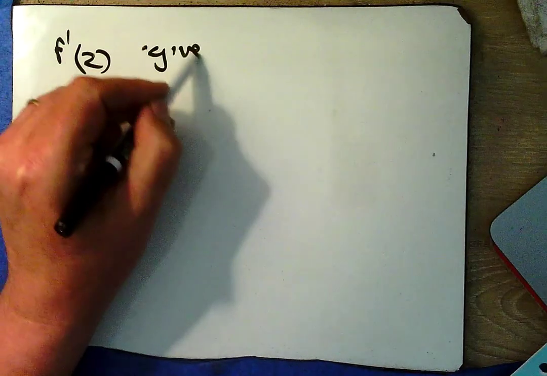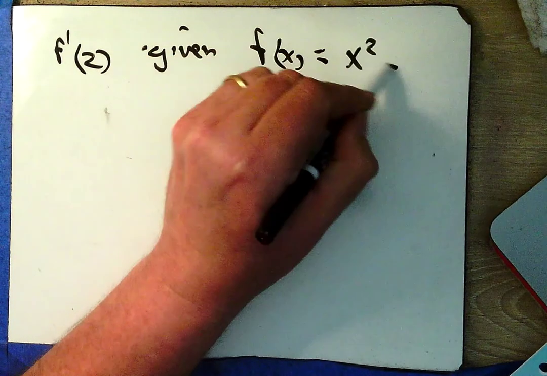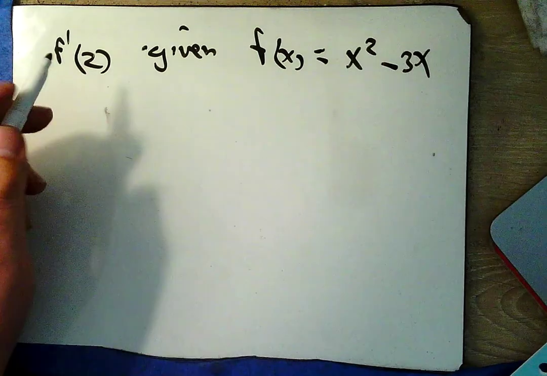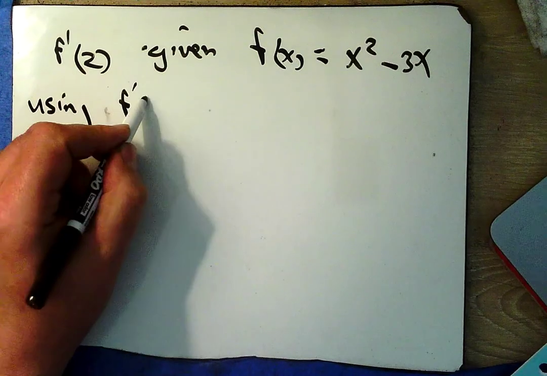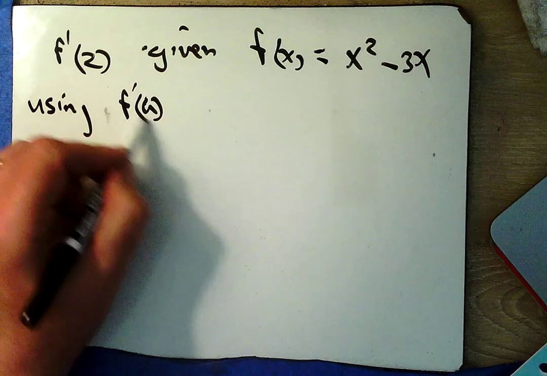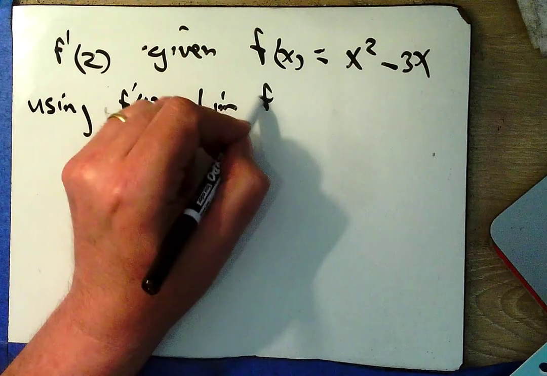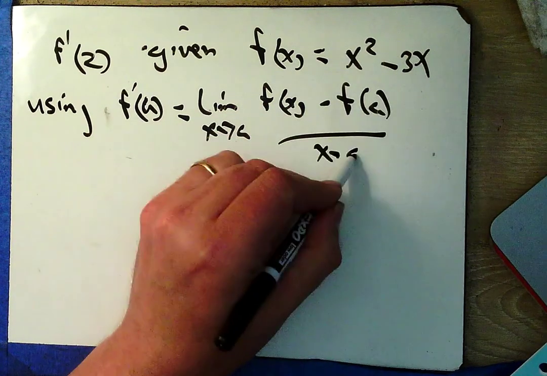Please find f prime of 2 given f of x equals x squared minus 3x. I'd like to find f prime of 2, please, using f prime of a equals the limit as x approaches a of f of x minus f of a over x minus a.